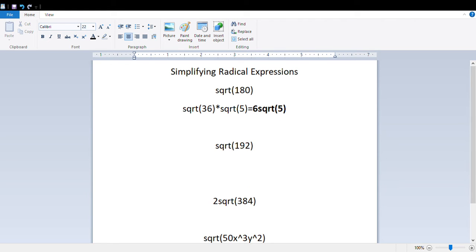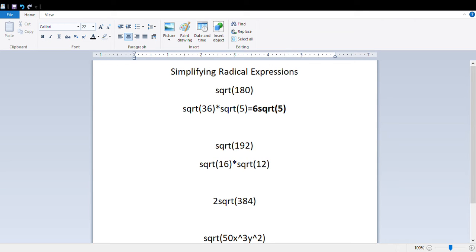So we have the square root of 192. Let's see, what numbers can we multiply to get 192? One option is 4 and 48. Another we could use is 16 and 12. So let's do 16 and 12. Square root of 16 times the square root of 12.